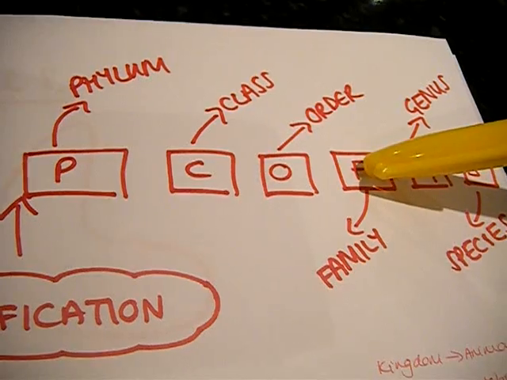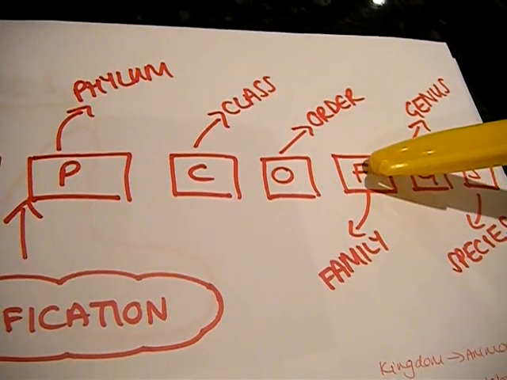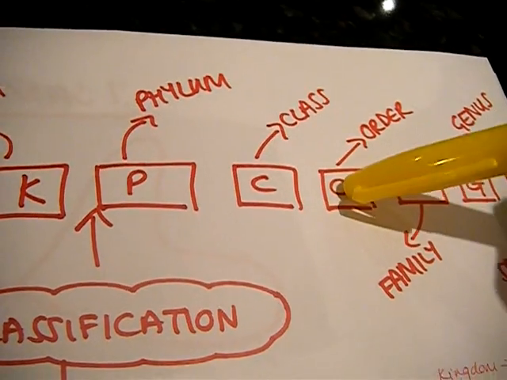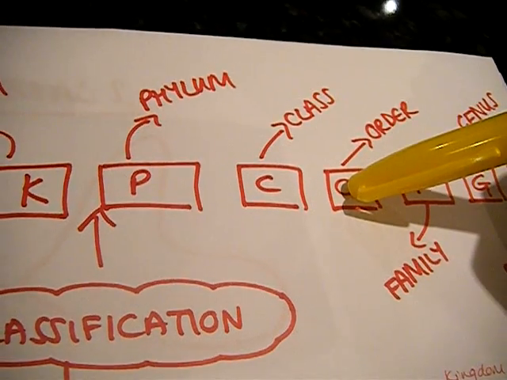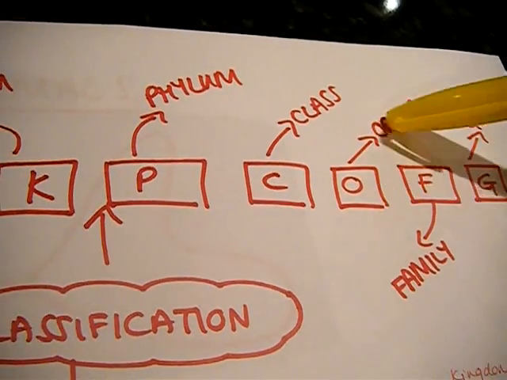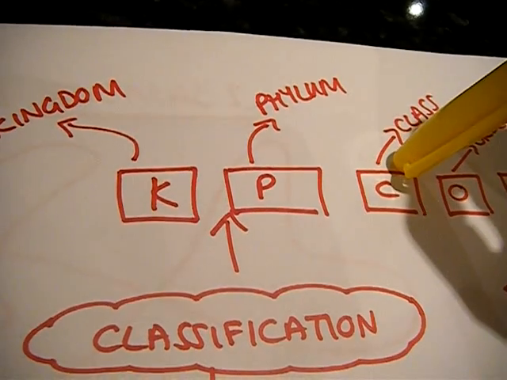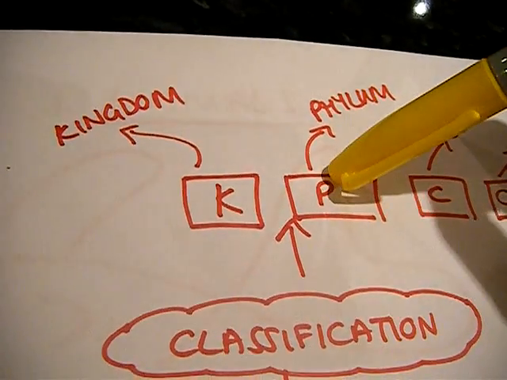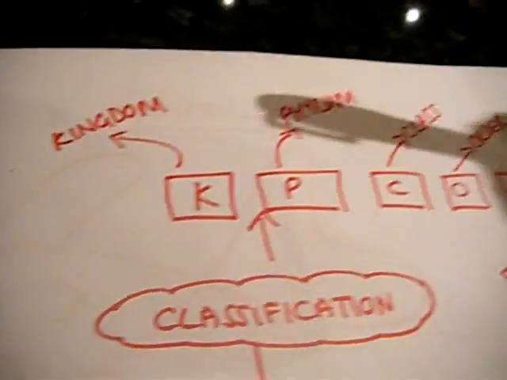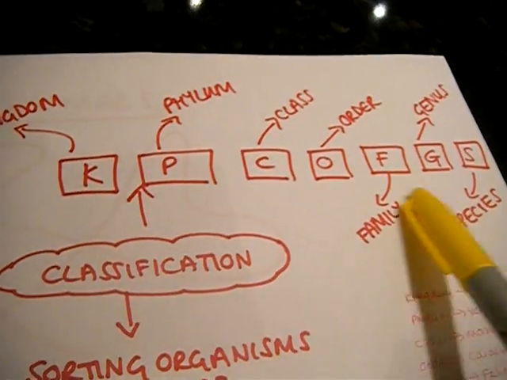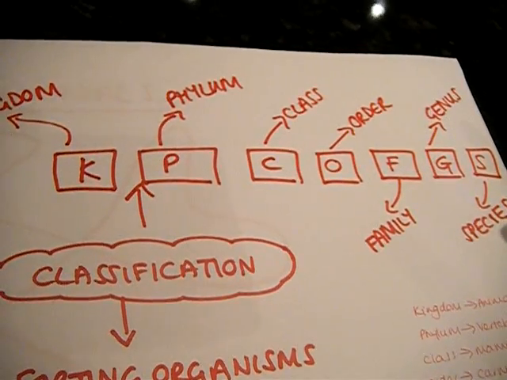Groups of families, so in this case, groups of felines come under the order of carnivore. Groups of carnivores in this case come under the class of mammals, which come under the phylum of vertebrates, which come under the animal kingdom. So basically, this whole thing is just like a filing cabinet system.